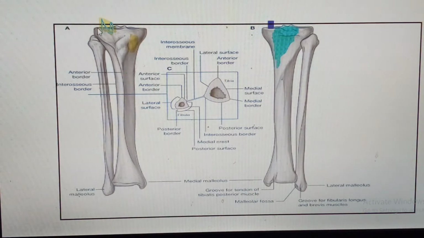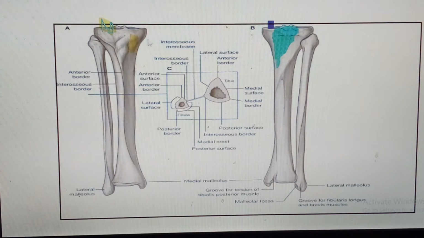So where do you find Gerdy's tubercle? On the superolateral aspect, anteriorly, on the lateral condyle of the tibia. We are going to have the Gerdy's tubercle, and it will be an insertion point for the iliotibial tract.